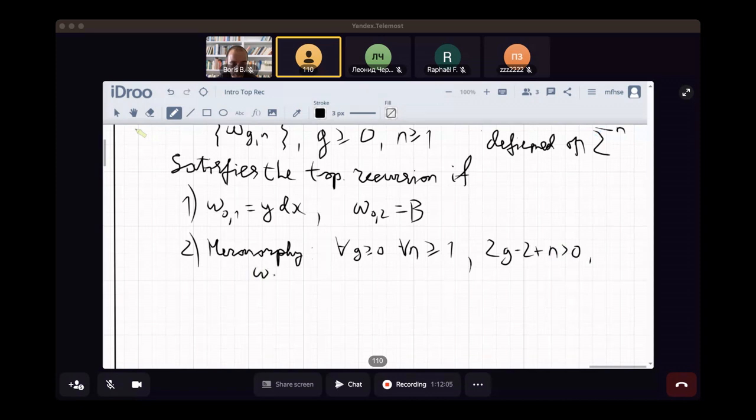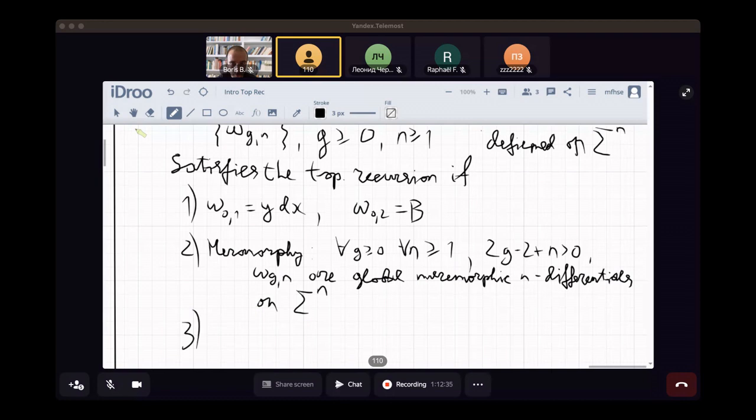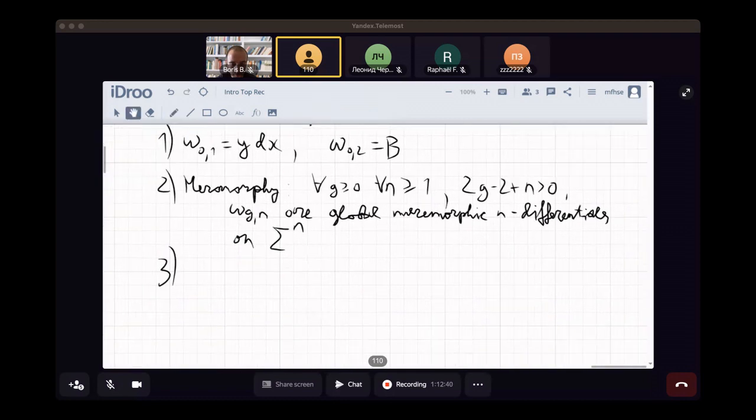So for all those cases, omega g n are global meromorphic n-differentials on sigma to the power n. Then the next condition is what's called the linear loop equation.